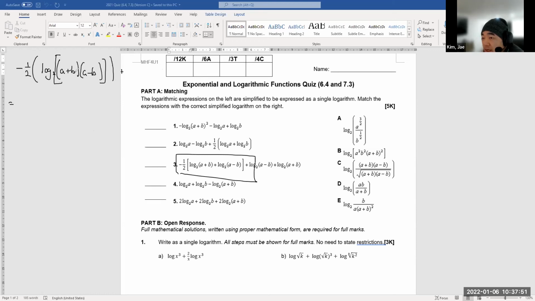If I did that, this essentially becomes negative half log of a squared minus b squared. And this would be log 2 of a squared minus b squared to the power of negative half, which I can write as log 2 of 1 over the square root of a squared minus b squared.